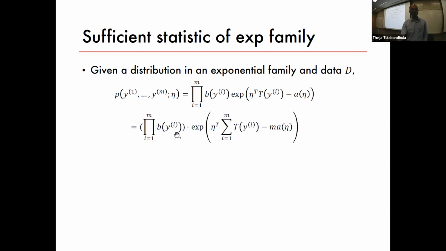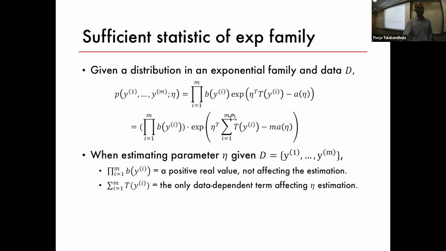You can take the product of the first few terms as is, and for the next bunch of exponent terms, you can take the product into the exponent, which becomes a sum. So sum over t of yi minus, however many terms there are, an m, which is just the number of times a has to be added.